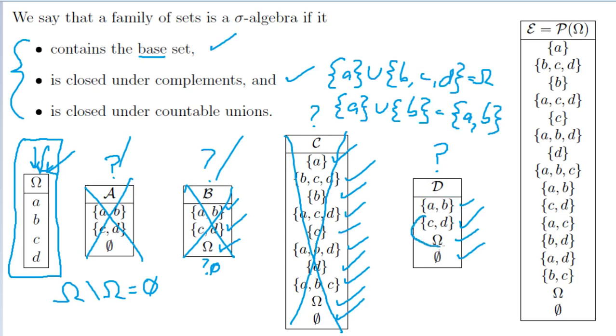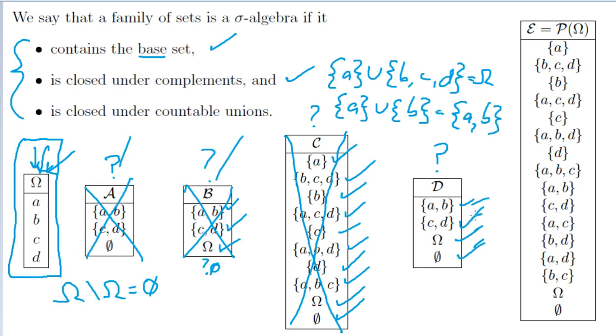If I take these together, I just get the set itself again. If I take these together, I get the set. It turns out that I can take any of these that I want together, and indeed I stay within the set. So this is also closed under countable unions, and the countable just means that even if we had infinitely many elements here, I mean here we only have 1, 2, 3, 4, we only have 4 elements, right?